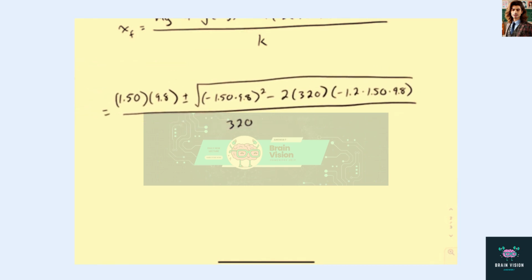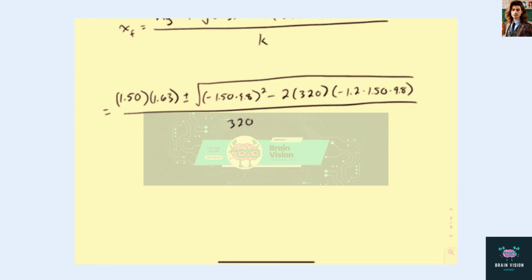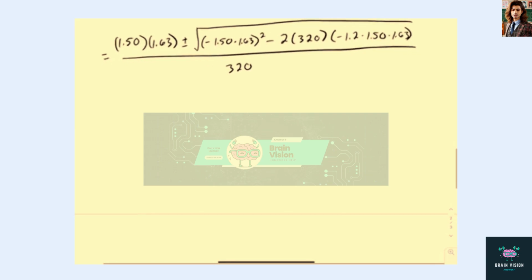And all we have to do is change 9.8 to 1.63. And here. And this one. And now evaluate this, and we get 0.143 meters.